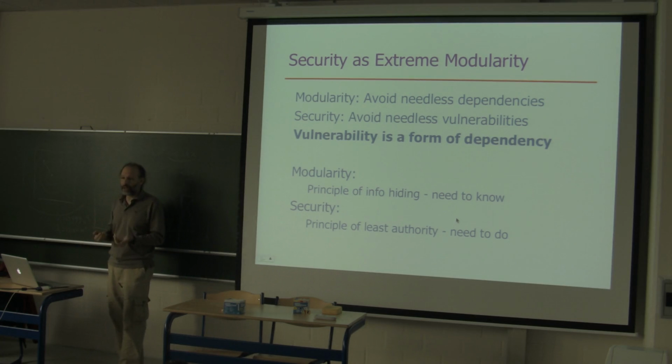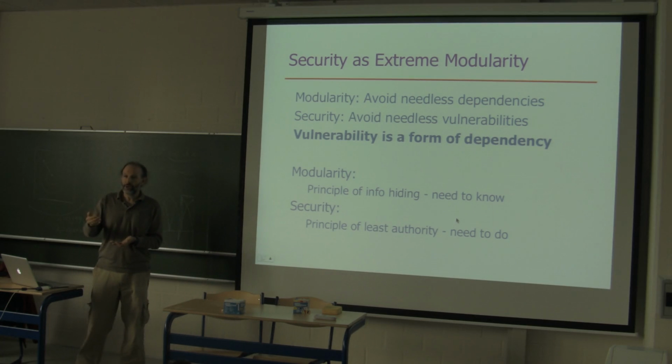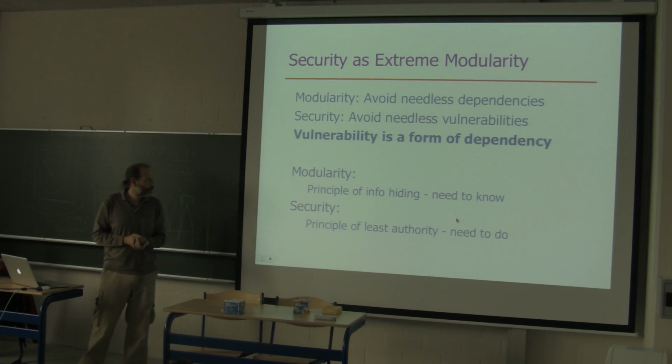Vulnerability is a form of dependency. If I'm vulnerable to you, then my correct operation depends on your lack of malice. So in computer security done right, anything that decreases vulnerability decreases dependency and increases modularity, and that's what we've seen in practice.